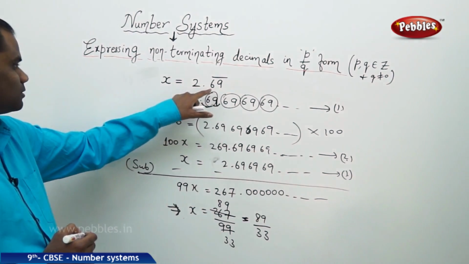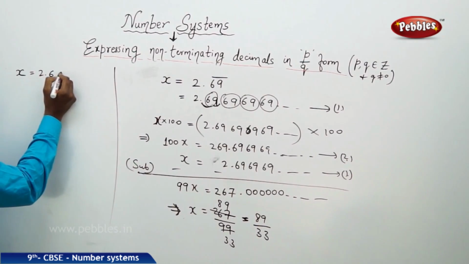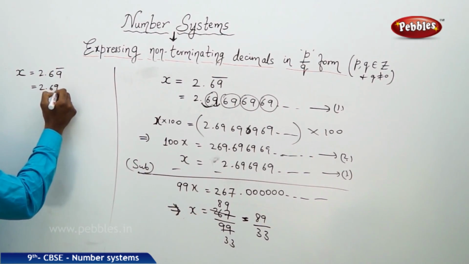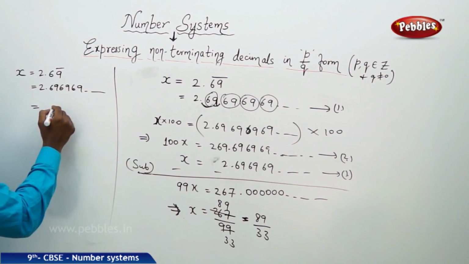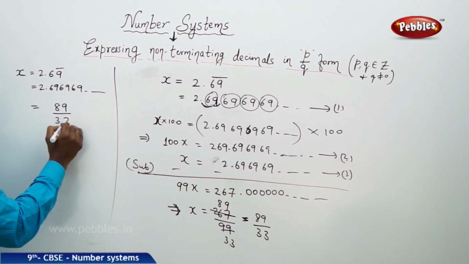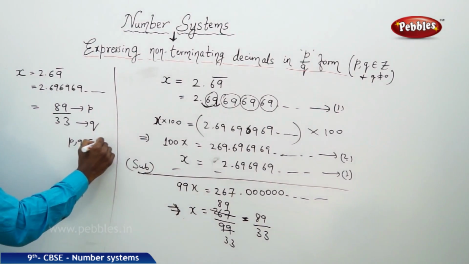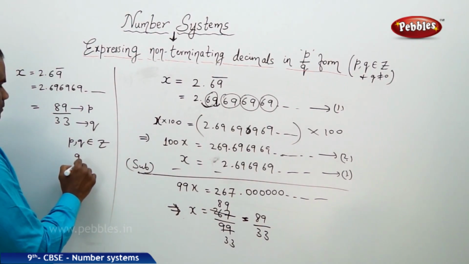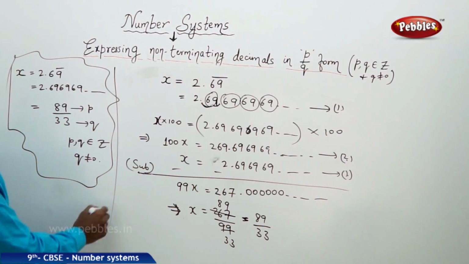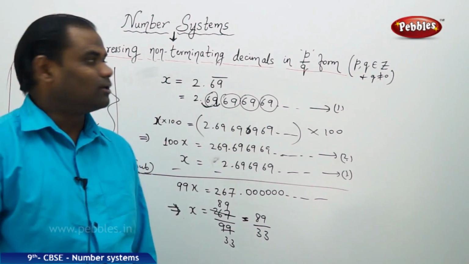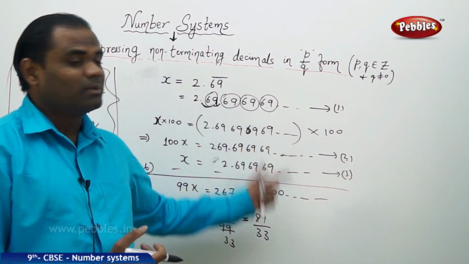Therefore, my representation of 2.69 bar, which is a non-terminating decimal that repeats 696969, can be written in the rational form as 89 over 33, with p and q both belonging to integers and q not equal to 0. This is how I understand the connection that a non-terminating decimal can be converted to p by q form.